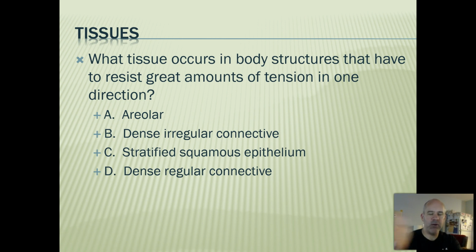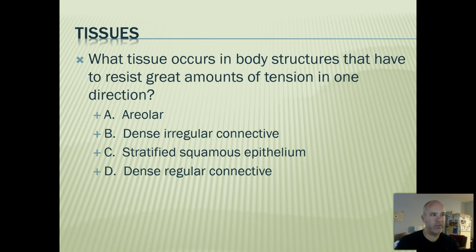Now first of all, what component of a connective tissue provides resistance to pulling? That's also called tensile strength. So you should know that. And those are your collagen fibers.